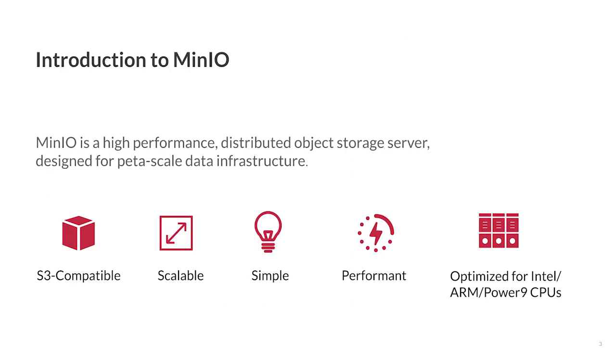Now, before I dive into the details of some of the optimizations that we've done for S3 Select, allow me to quickly introduce MinIO to you. MinIO is a high-performance distributed object storage server really designed for petascale data infrastructure. It is 100% S3 compatible, meaning you can essentially take your AWS applications and run them on MinIO without any code changes.